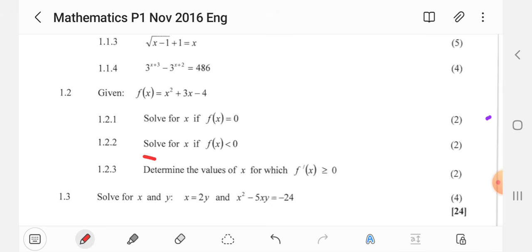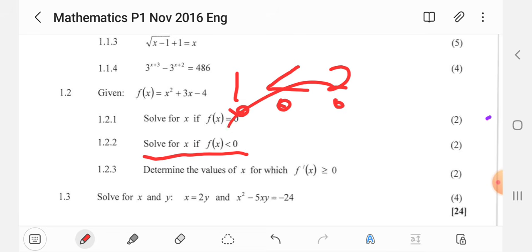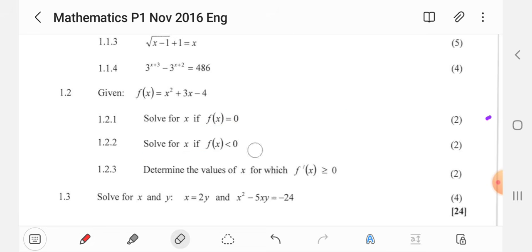And then solve for x if f at x is less than 0. This means 1 is less than 2. That's how you read inequalities, or 2 is greater than 1.